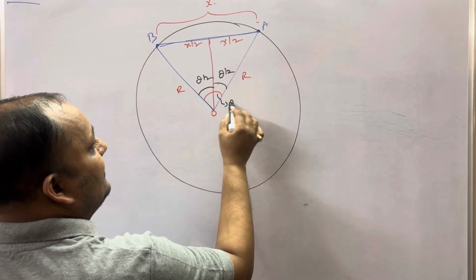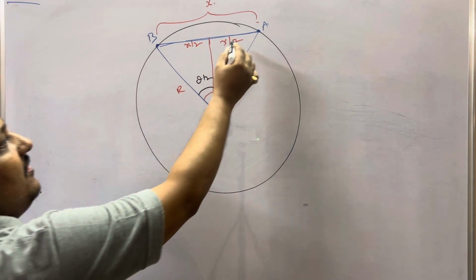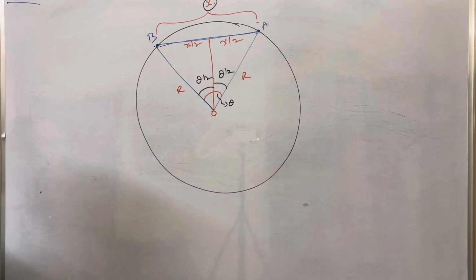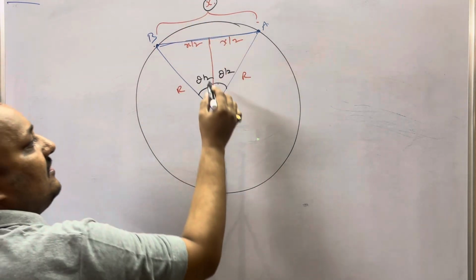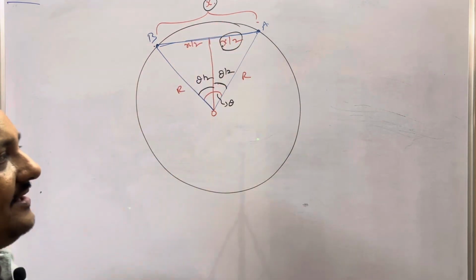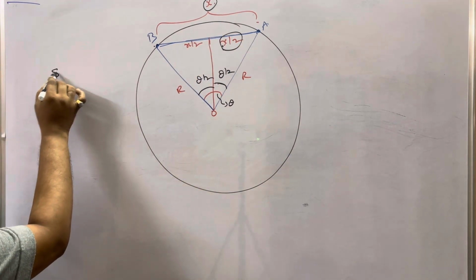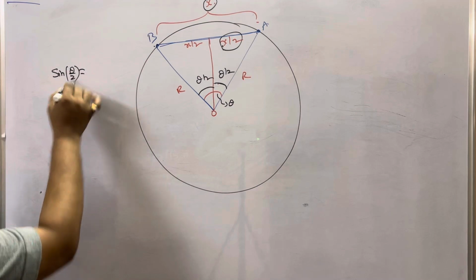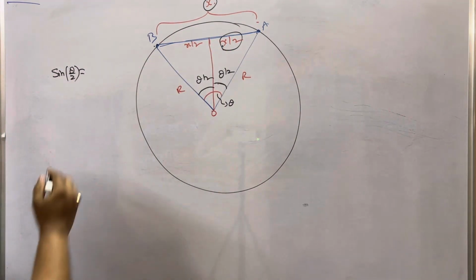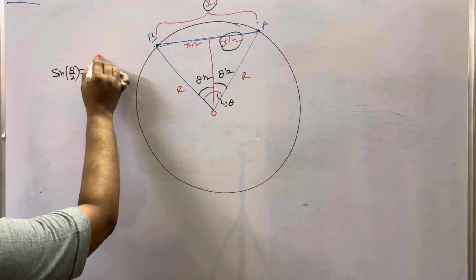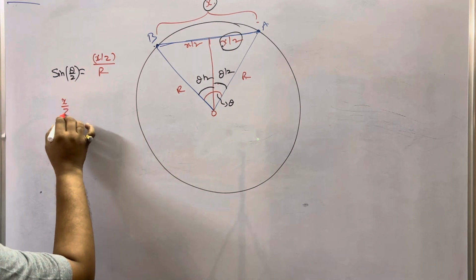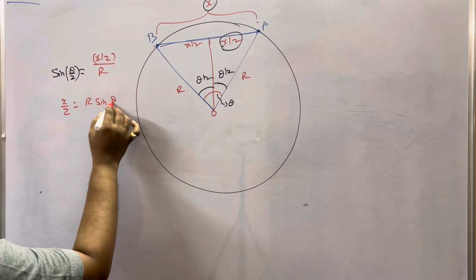So we want A to B, which we assume is x. To calculate x, for this theta by 2, x by 2 is the opposite side. Therefore, you can take sine theta by 2. Why are we taking sine theta by 2? Because we want the opposite side value. So the opposite side is x by 2, by hypotenuse r. Therefore, x by 2 is equal to r sine theta by 2.